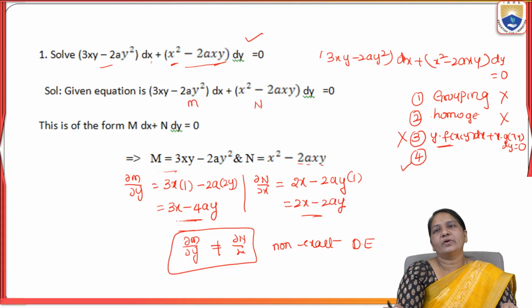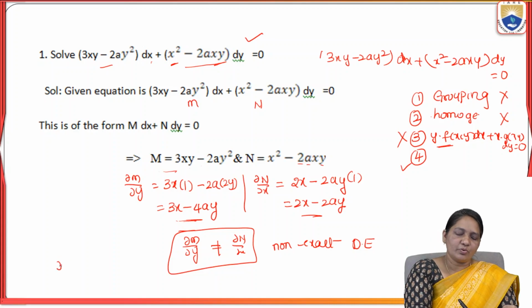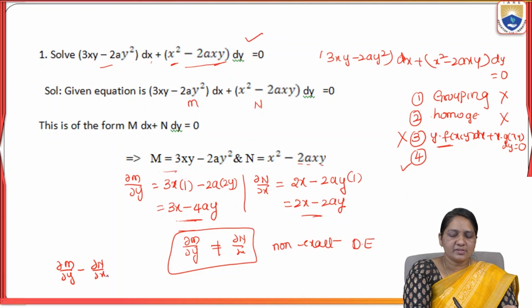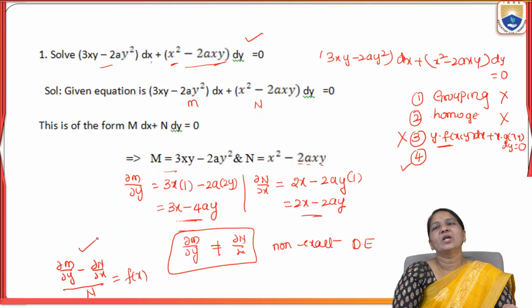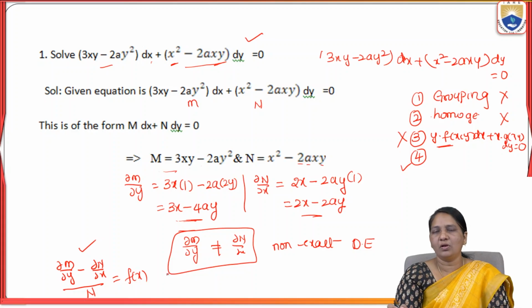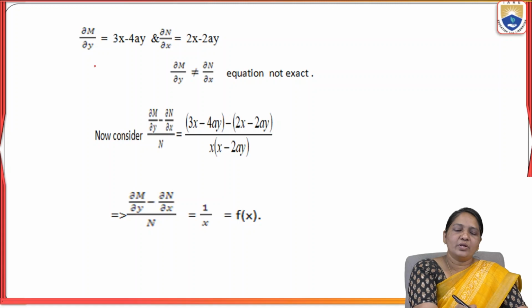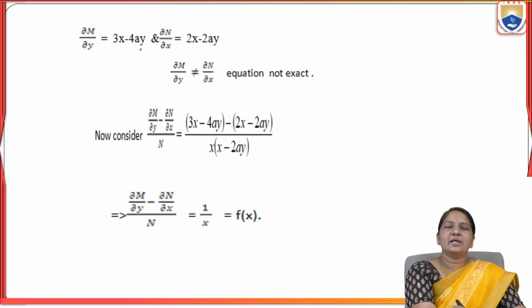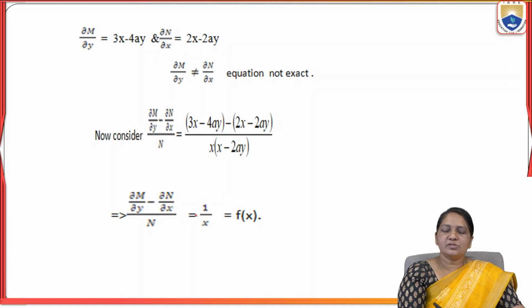So here we are going to check the fourth method. That means we check (∂M/∂y minus ∂N/∂x) by N. We should get only a single variable continuous function in terms of x. Then only we can apply the fourth method. Here ∂M/∂y is 3x minus 4ay and ∂N/∂x is 2x minus 2ay.